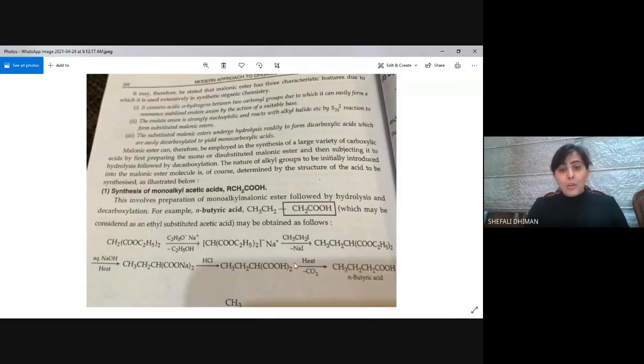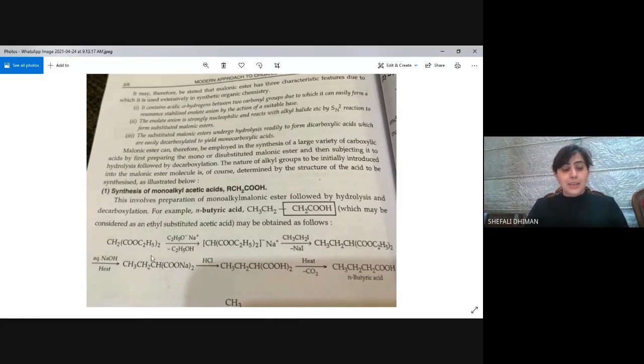But I think for today, let us see the importance. Let us conclude the lecture by saying the importance of malonic ester chemistry is that it is highly acidic in nature, because it contains a CH2 group which is sandwiched between two carbonyls.